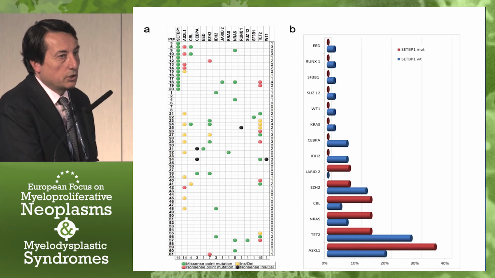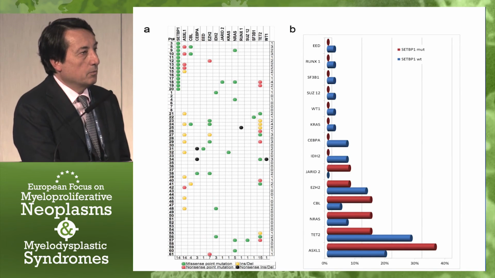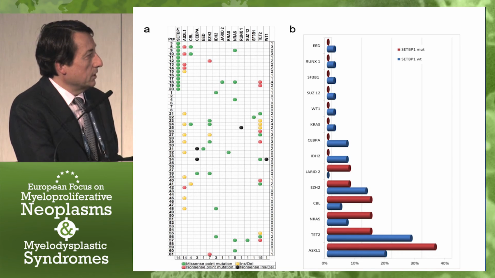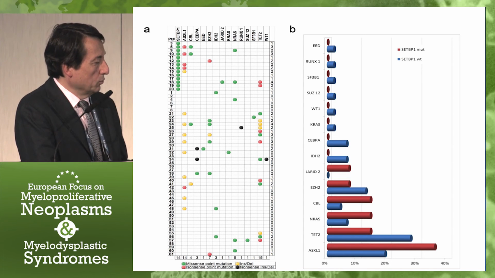As Professor Solari pointed out before, of course, these mutations do not come as isolated mutations. Even in the original publication, we could see that there was a tendency for SETBP1, for example, to associate with ASXL1 and to be mutually exclusive with TET2 mutation.